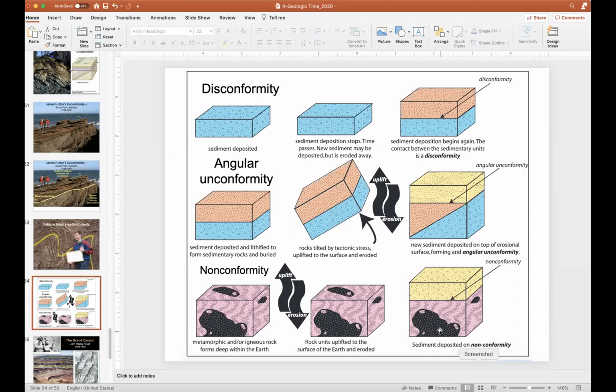So the pink seems like it came first, but then the black is right on top of it. Okay, so this is probably erosive. We're seeing the top of the sand. So I imagine this is an intrusion, the black stuff. We could call it basalt because basalt is blackish.